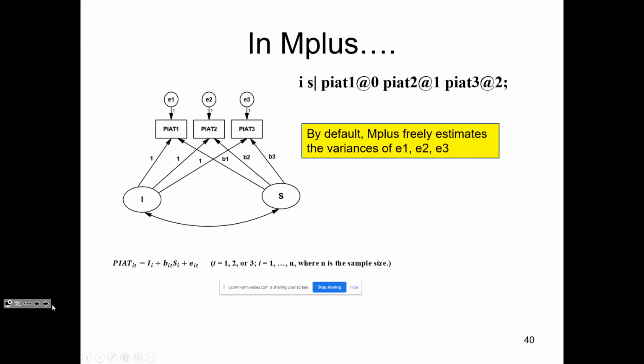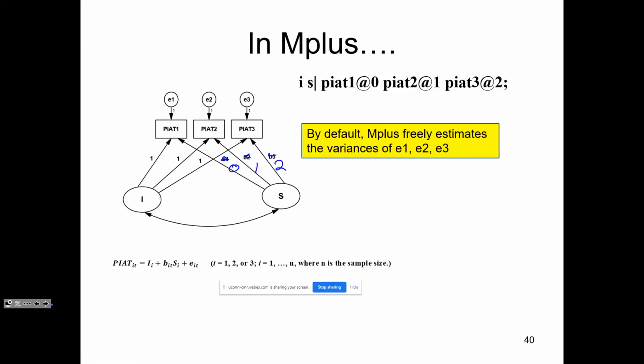So you're saying, I've got a randomly varying intercept and a randomly varying slope, and you'll see this indicates when we've got random stuff going on in Mplus. And then here is where I'm giving the information about the slope coefficients, which are what's getting plugged in here, the B1, B2, B3.